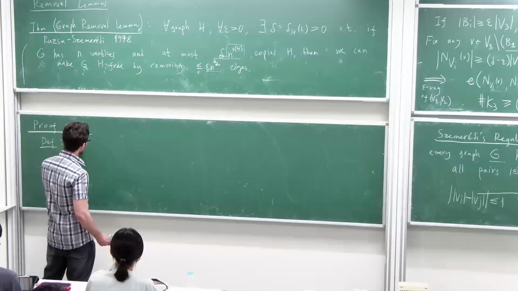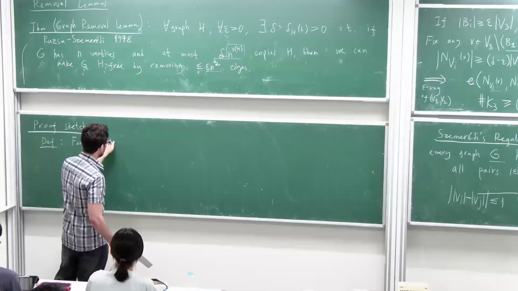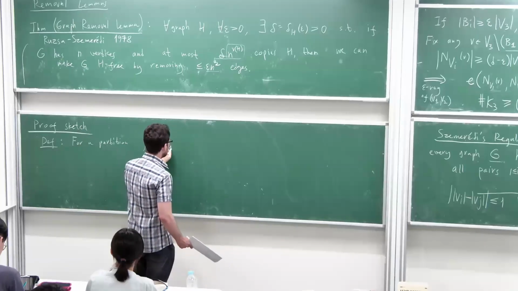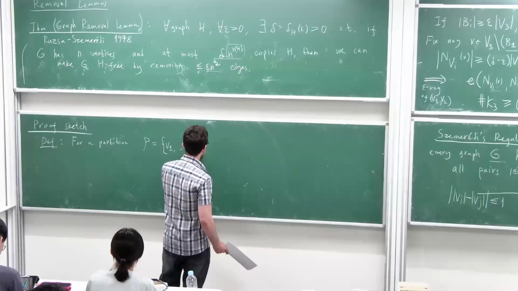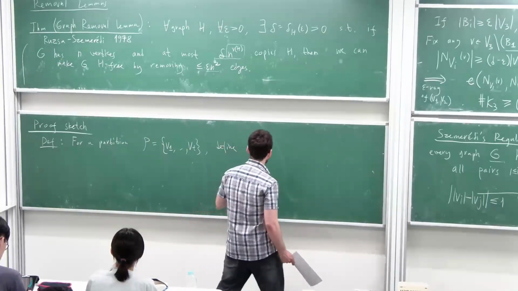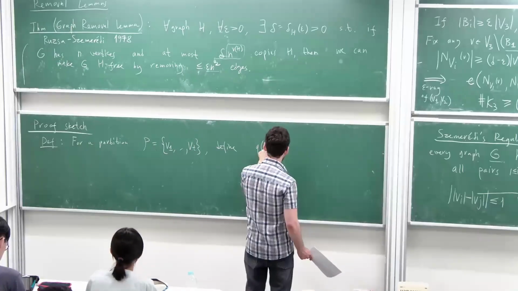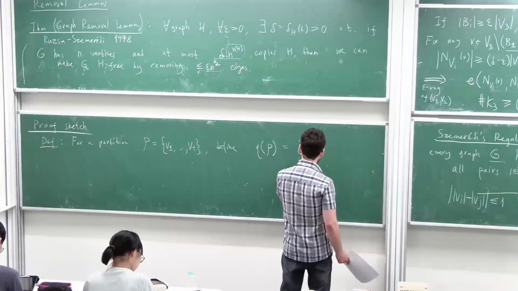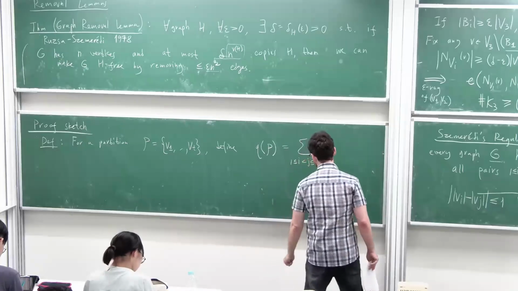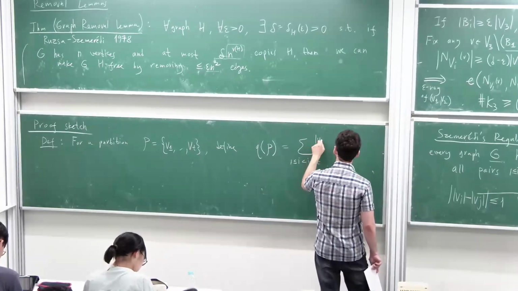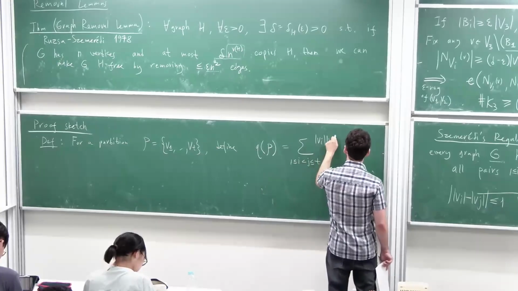For a partition P, V1 up to Vt, we define the following function: we take a sum over all indices i and j of the size of Vi times Vj over n squared.